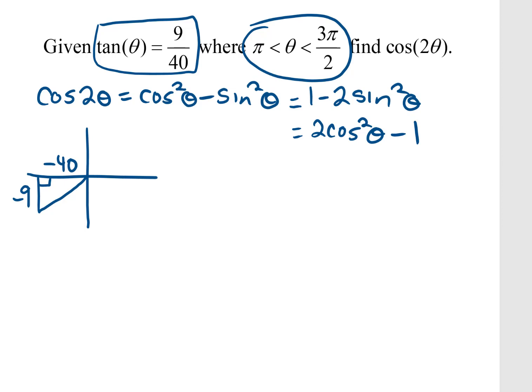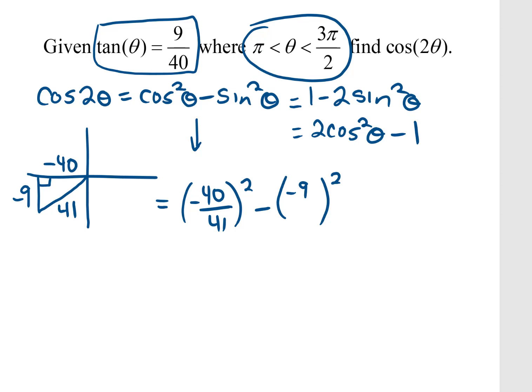Now I could find the hypotenuse by taking 9 squared plus 40 squared and square rooted, and I would find that hypotenuse is 41. So I think I'll just use this version, and I will take cosine, which is adjacent, negative 40 over hypotenuse 41, squared, minus sine squared, and sine is opposite, which is negative 9 over hypotenuse, which is 41.